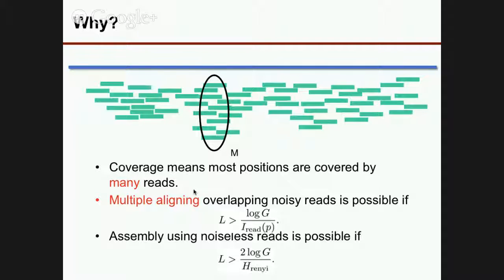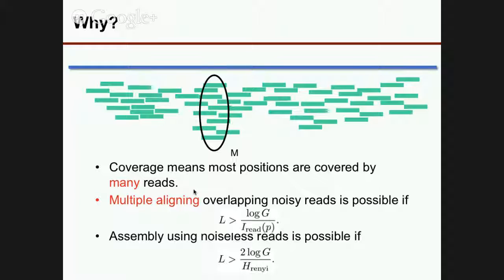And we remember that assembly is possible using noiseless reads if L satisfies another condition, which is 2 log G divided by the Rényi entropy of H, right? That was the expression I gave earlier. So it turns out that this number and this number have some relationship.